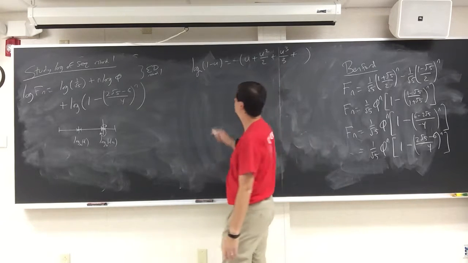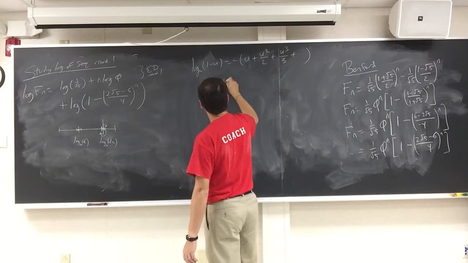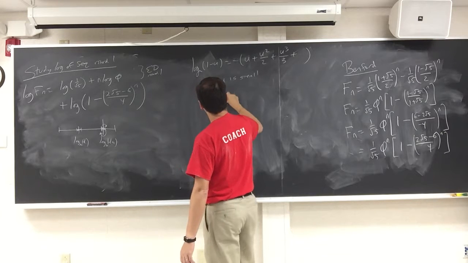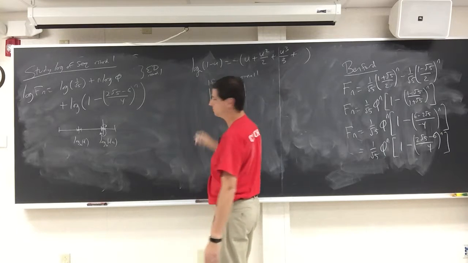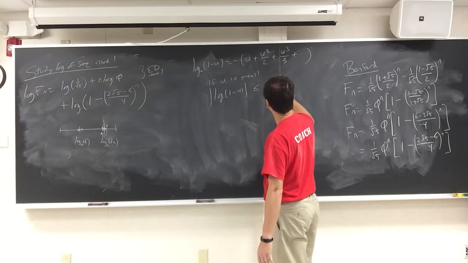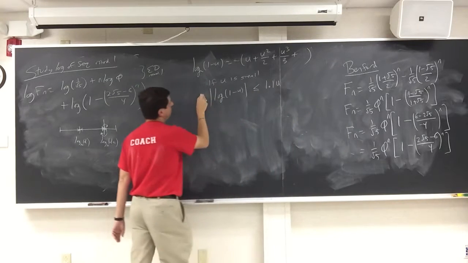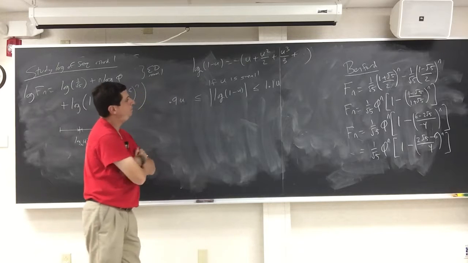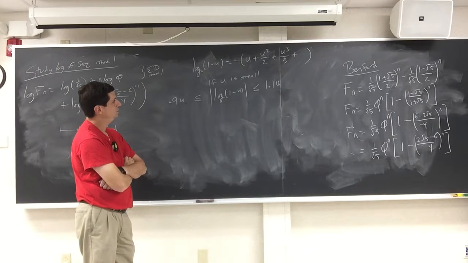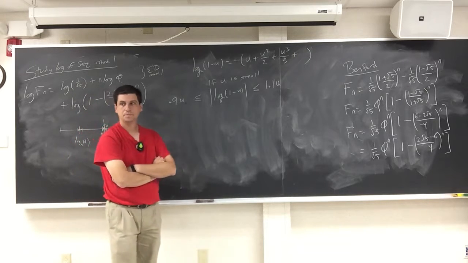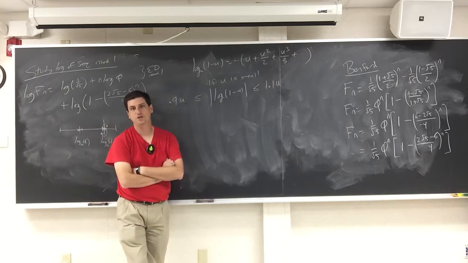And so what you can show is if u is small, the absolute value of the log of 1 minus u will be less than or equal to 1.1 u and will be greater than or equal to, sorry, 0.9 u. If u is very, very small, this will be true.